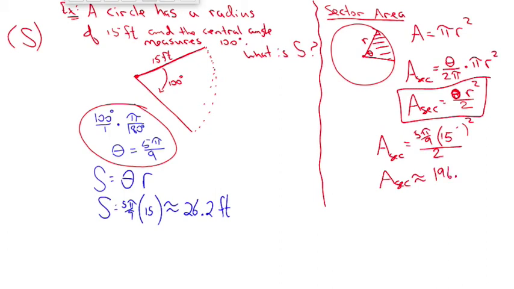And even if you write it this way, you still have to say square feet, not feet squared. Feet squared doesn't really exist. Sounds weird. All right, so that is arc length and area.